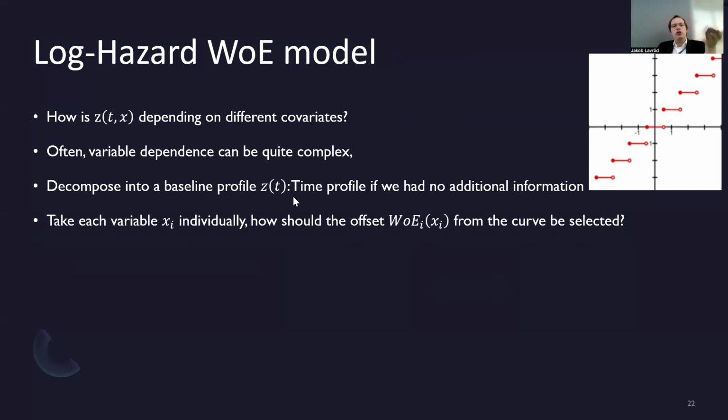And then you take each variable and you basically build a small model for each variable. Say, if I know information about the income, I know information about the age and so on, how should I change this baseline risk profile? If I know, for example, that this customer is a very young customer, what does that tell me about how the risk changes?